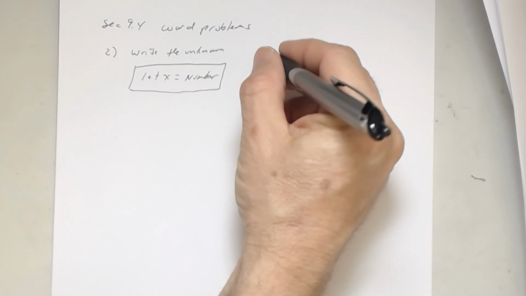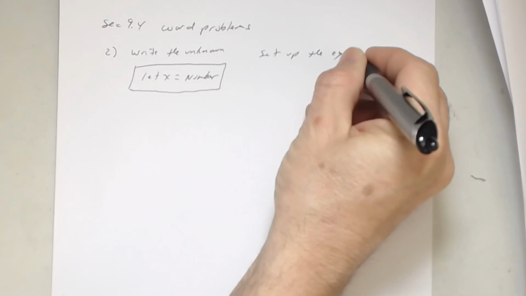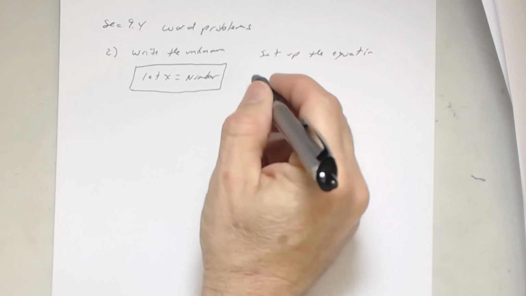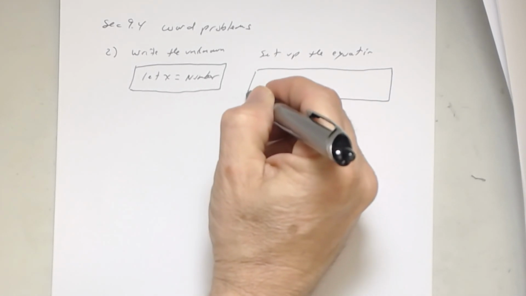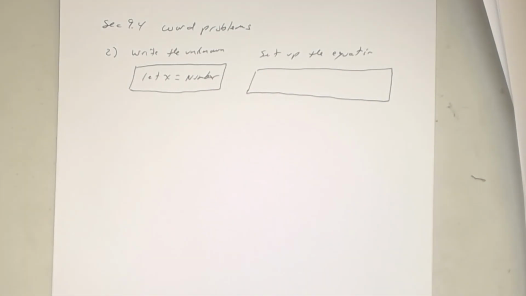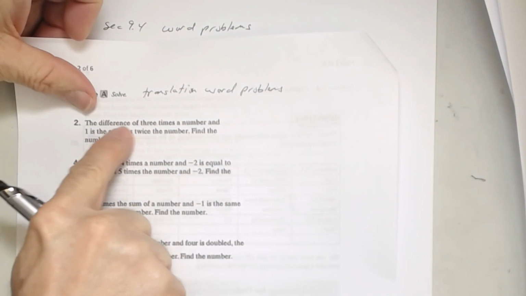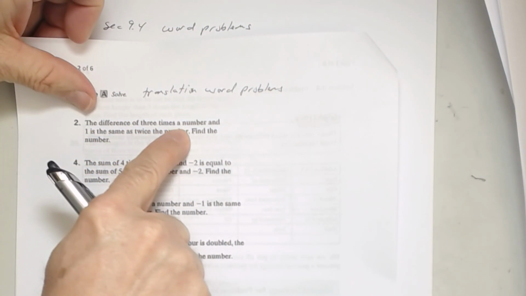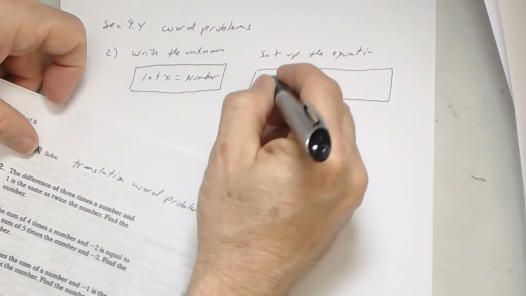Then the next box is you set up the equation. So you're going to set the equation based on how you read the problem and knowing certain keywords. So the first part says this: the difference of 3 times a number and 1. That could have been in your last test. How would you write that? 3x minus 1.